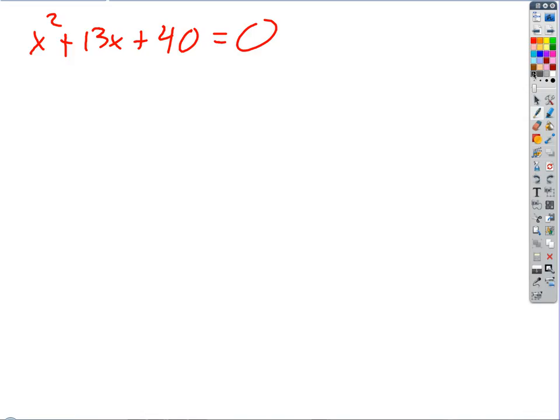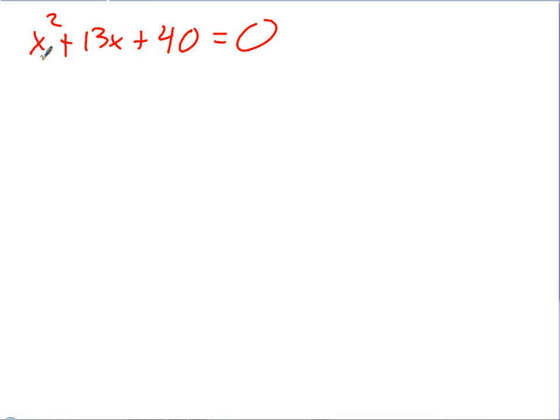I can't get it by itself because there's no way to somehow pry that x out of the x squared and combine it with that 13x. Can't be done. So my other strategy was, if I could break this apart, if I could unfoil it, and I could write it as a product of factors instead of as a sum of three terms, that makes things easier, right? And that's what we call factoring.